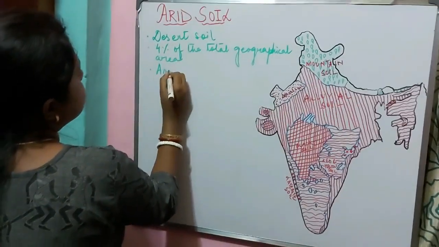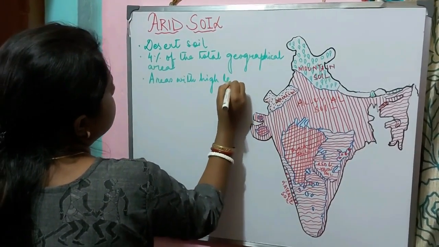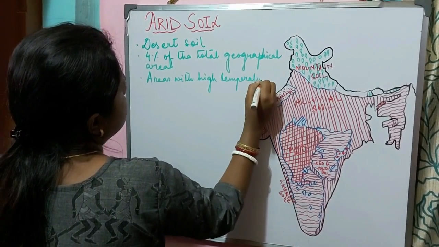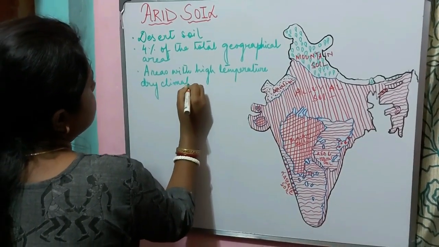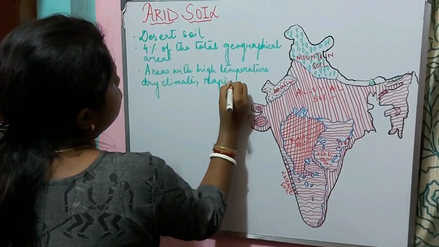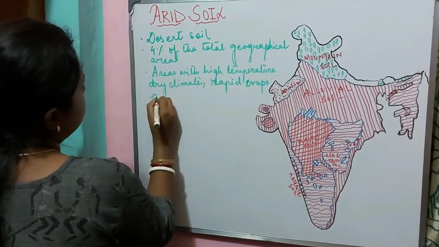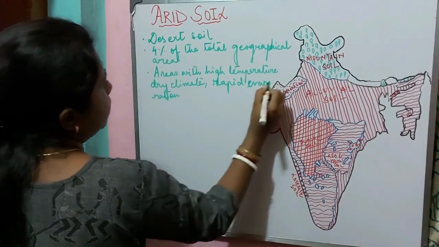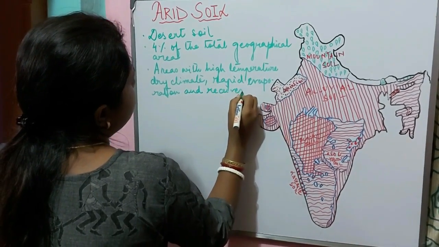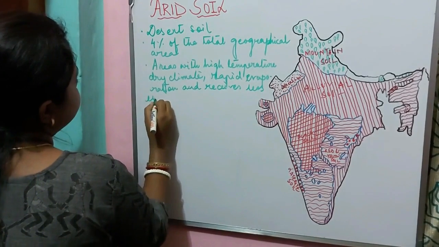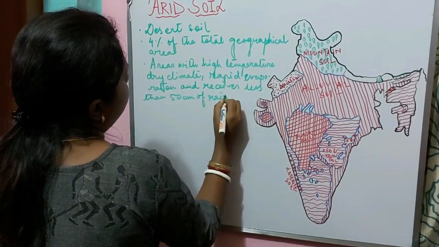Mainly in the areas with high temperature, dry climate, rapid evaporation, and it receives less than 50 centimeter of rainfall.